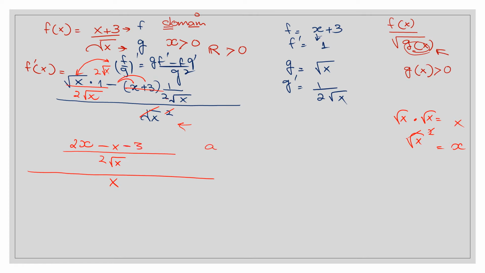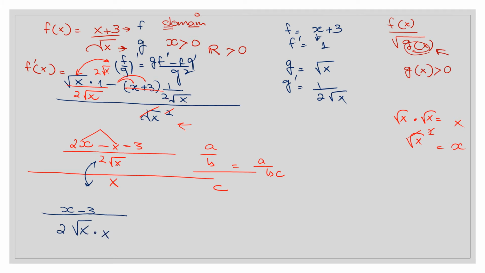Now we know a over b whole upon c equals a over bc. Now 2x minus x gives us only x minus 3 as the numerator, and bc write as it is: 2 square root x times x.